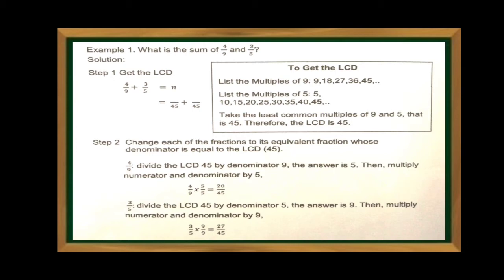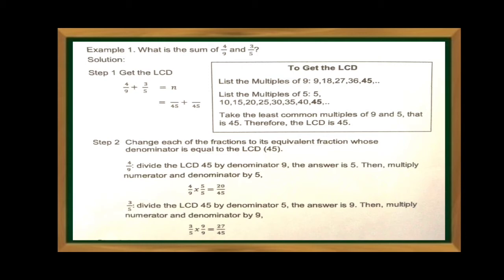Okay, so here is the illustration. 4/9 times 5 over 5 equals 20 over 45. Then the 3/5, divide the LCD 45 by denominator 5. The answer is 9. Then multiply numerator and denominator by 9. So the illustration is 3/5 times 9 over 9 equals 27 over 45.